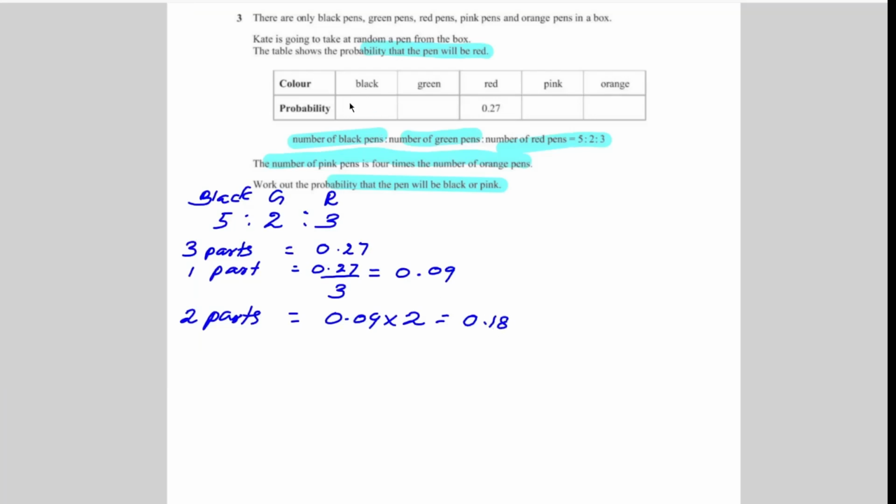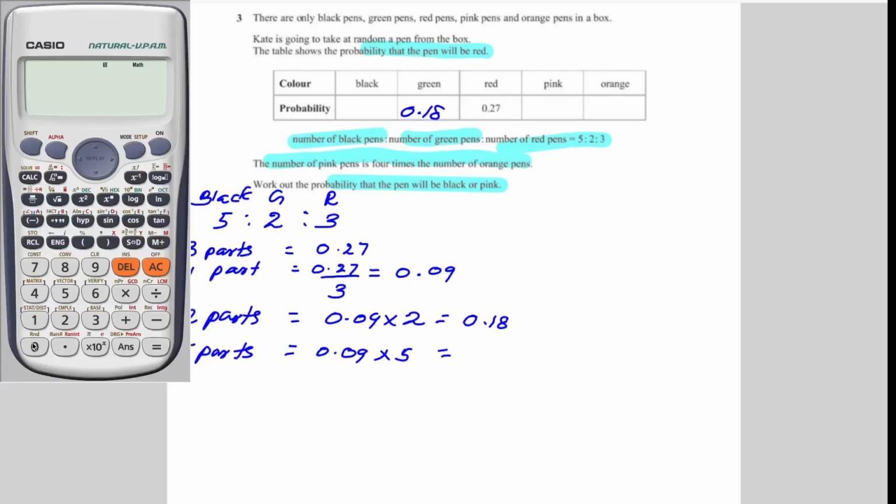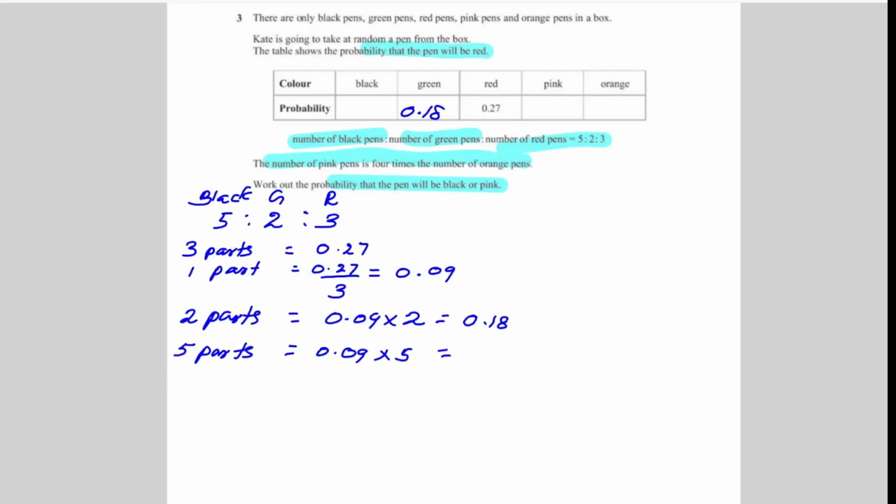Then we can fill this out as 0.18. Sorry, it is green. For black, it is 5 parts, so 0.09 multiplied by 5 gives 0.45.